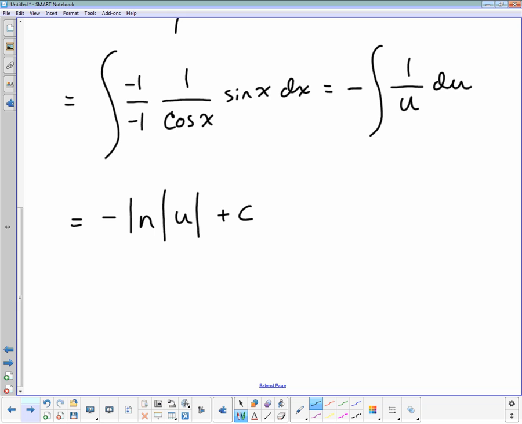And we need to put absolute value bars in there, because remember, I can't take the natural log of a negative thing. Poor little u. Oh, that's an L.